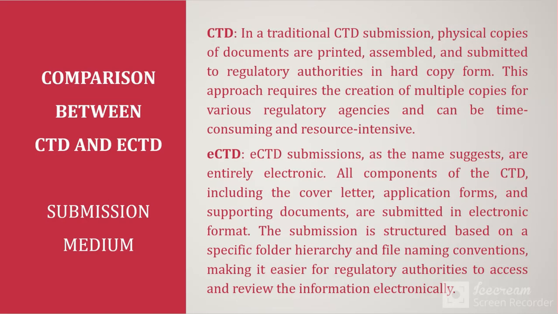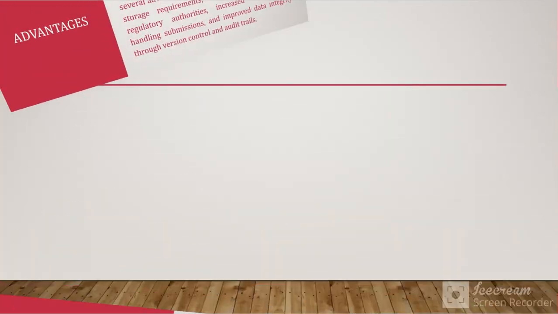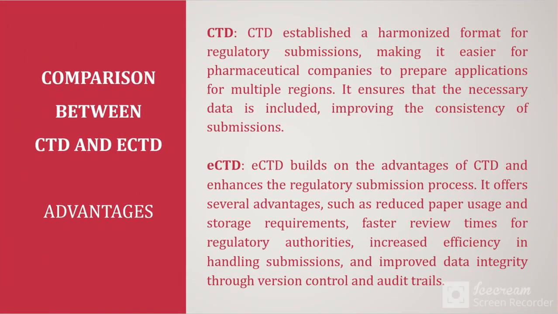ECTD submissions, as the name suggests, are entirely electronic. All components of the CTD, including the cover letter, application forms, and supporting documents, are submitted in electronic format. The submission is structured based on a specific folder hierarchy and file naming conventions, making it easier for regulatory authorities to access and review the information electronically.